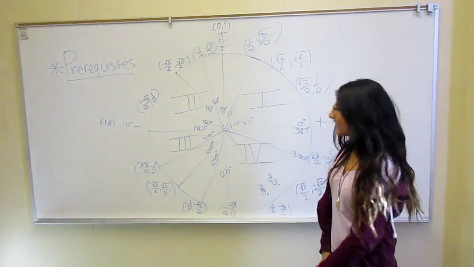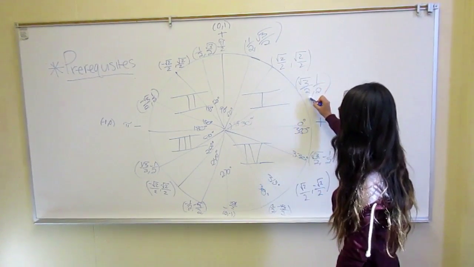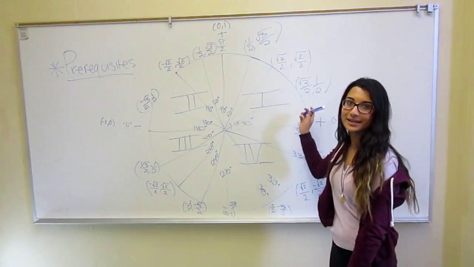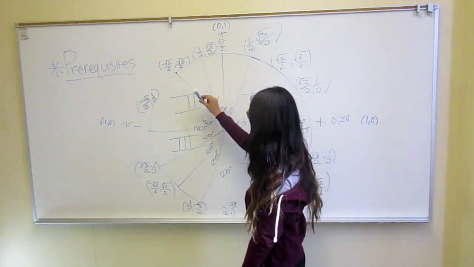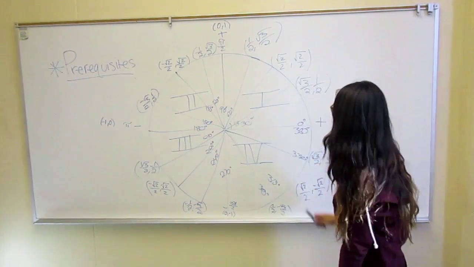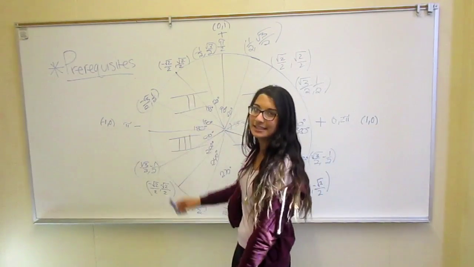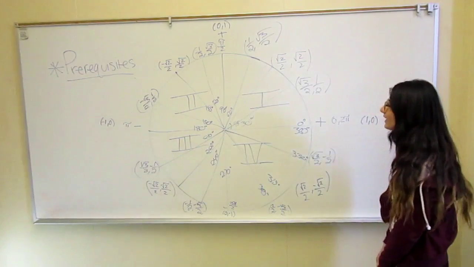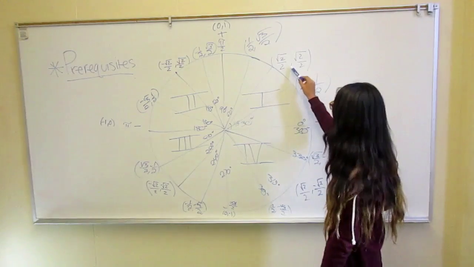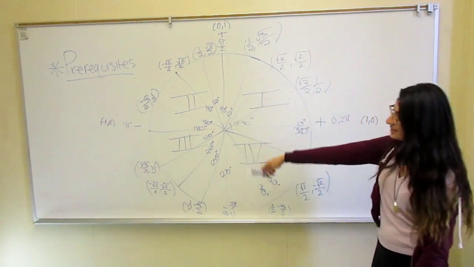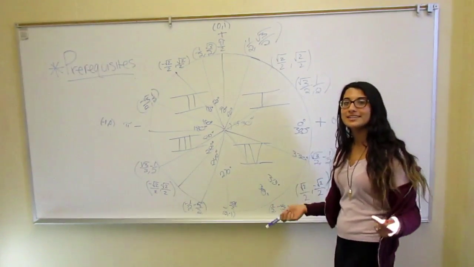Radical 3 over 2, comma 1/2 is the 30-degree endpoint. It's the same thing for every 30-degree angle, but the positive or negative sign varies based on where you are in the quadrants. For 45 degrees, it's root 2 over 2, root 2 over 2, and that goes all around the circle and just varies with the positive or negative.